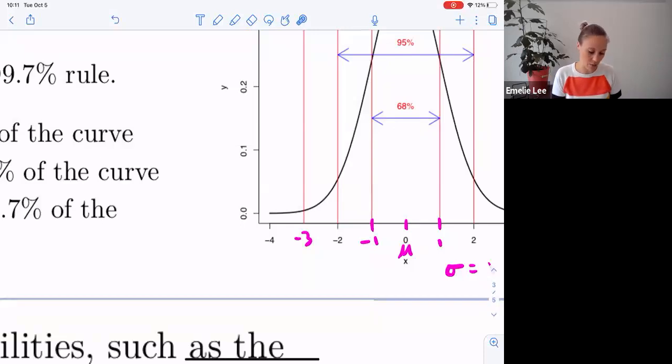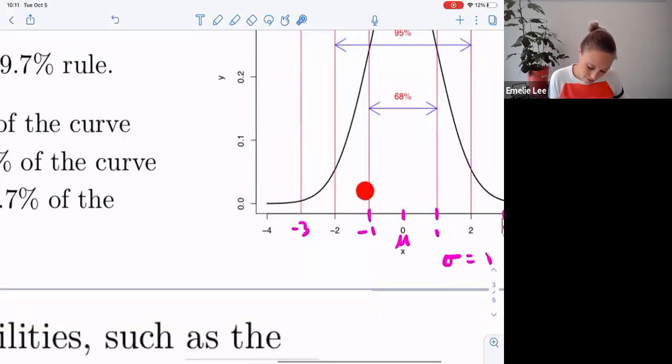So 1 minus 0.68 is 0.32, which I would have to divide evenly amongst the tails. So divided by 2. So I have 0.16 in each of those tails. Okay. So from -1 down to negative infinity, I've got an area of 0.16. And from +1 up to positive infinity, I've got an area of 0.16 as well.